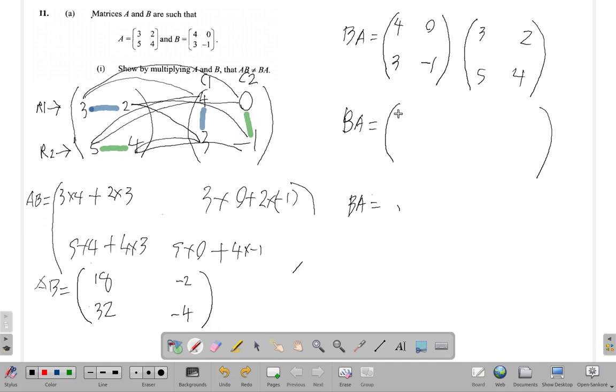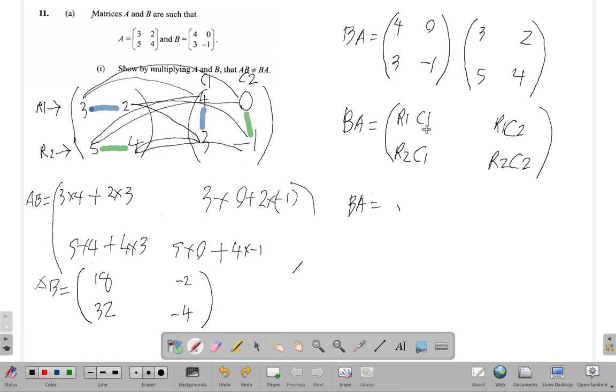The top row is row 1, the bottom is row 2. Column 1 is on the left. The column on the right is column 2.